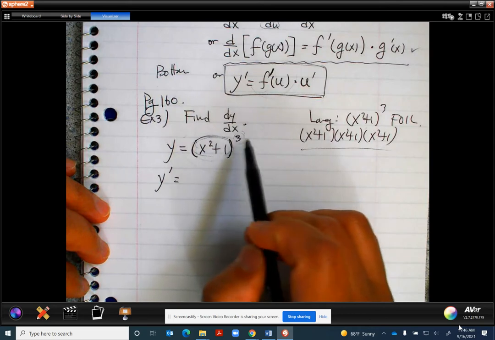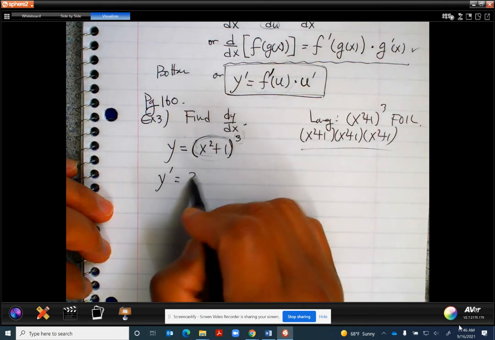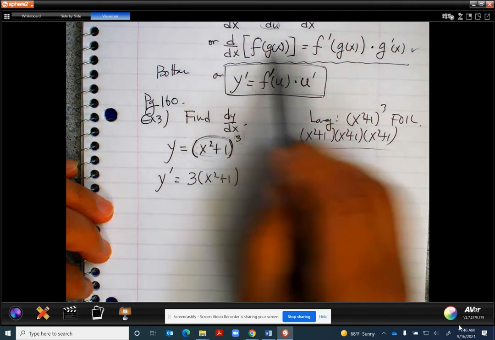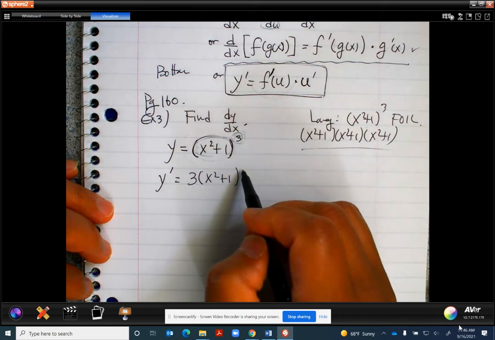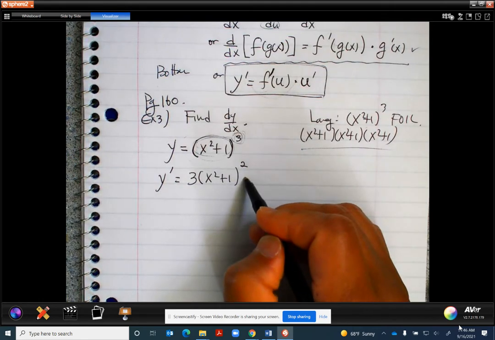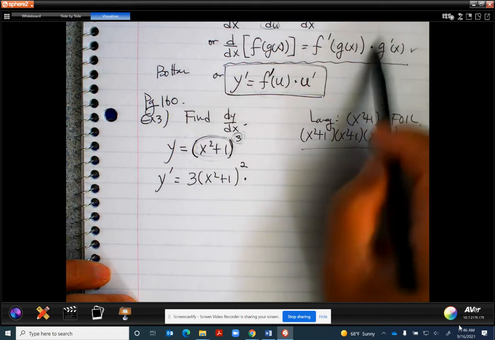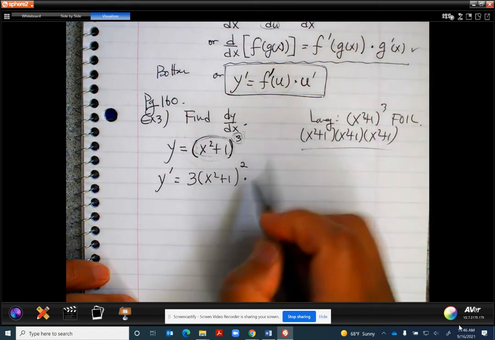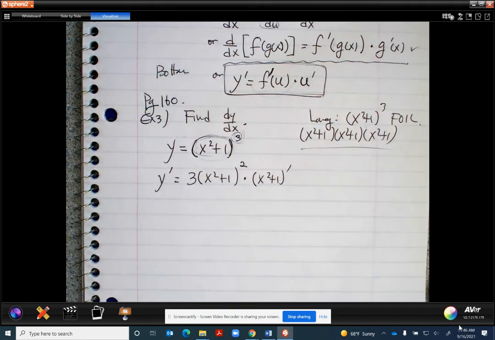What will be the derivative of something to the third power? 3 times the parentheses x squared plus 1, because you don't do anything to the inside, you leave it alone. And then you lose a power because you're using the power rule, so this is 3 times that to the second power, times, chain rule says, the derivative of the parentheses. So here's the parentheses, x squared plus 1, which is that prime.